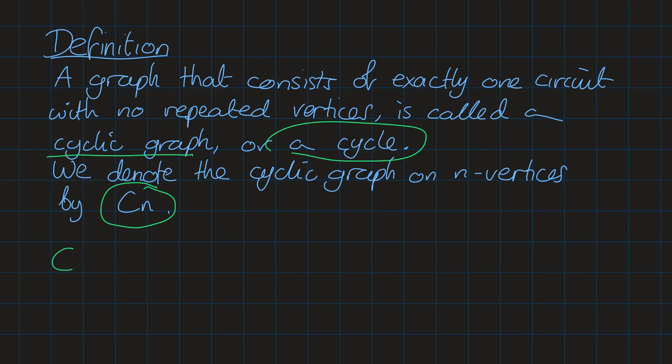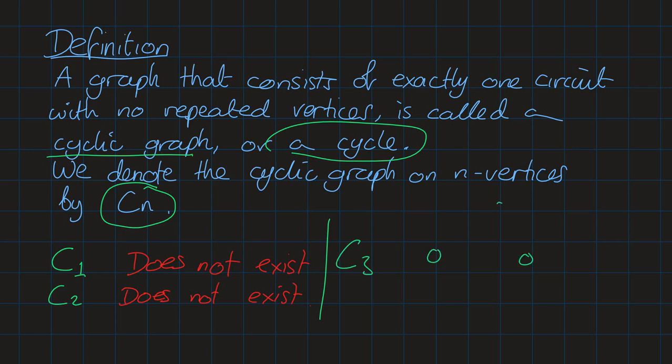So let's try and work out what these things look like. C1, well, C1's sort of a dumb case. It does not exist. If you think about it, it's impossible to draw a cycle, a circuit, with just one vertex. Similarly, C2 does not exist. But C3 actually exists.